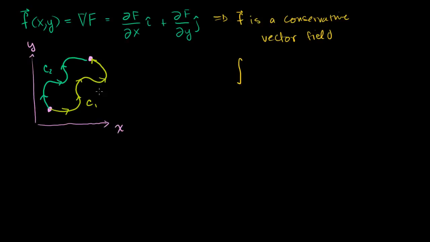We learned in the last video that the line integral is path independent between any 2 points. So in this case, the line integral along C1 of f dot dr is going to be equal to the line integral over the path C2 of f dot dr.